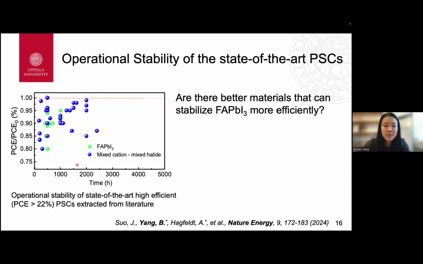So in this case, we're considering whether there are better materials that can stabilize FAPI-based solar cells more efficiently. And exciting news is that we recently discovered a new type of surface material, sulfonium molecules, that show great potential to stabilize formamidinium lead iodide perovskite film and the solar cell.